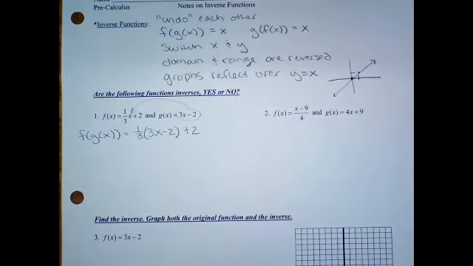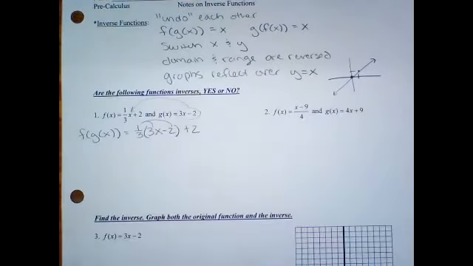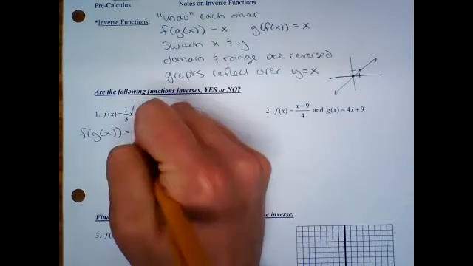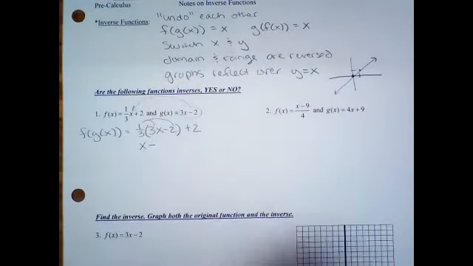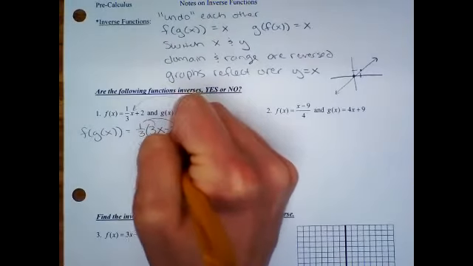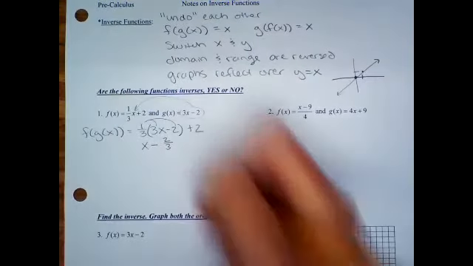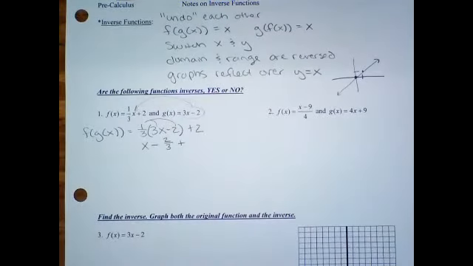Don't try to force it to be anything. Just see what happens. We're going to distribute the 1/3. All right, what happens to 1/3 times 3? That's 1, so just 1x minus, all right, 1/3 times 2 is 2/3, and then we have plus 2.